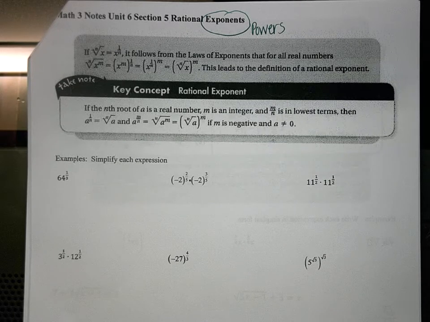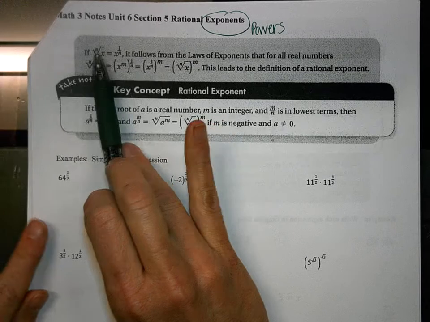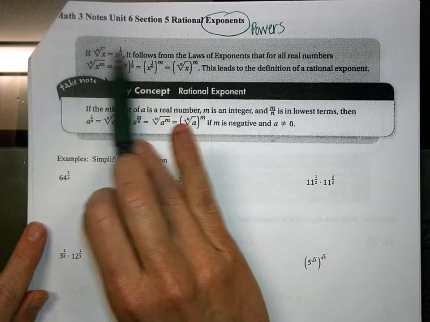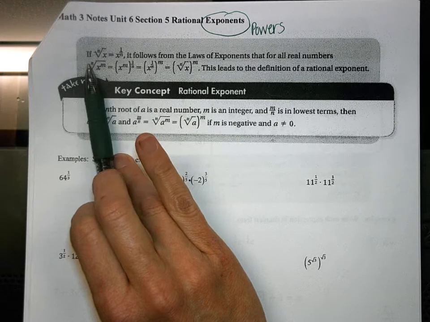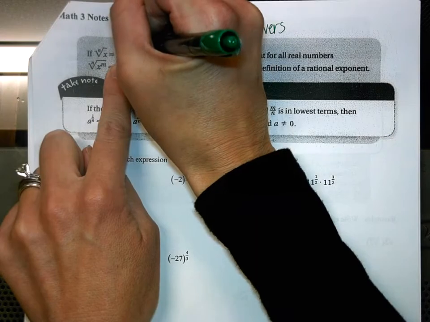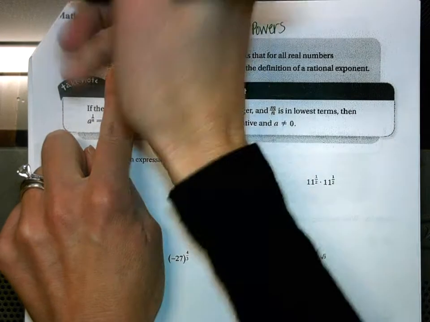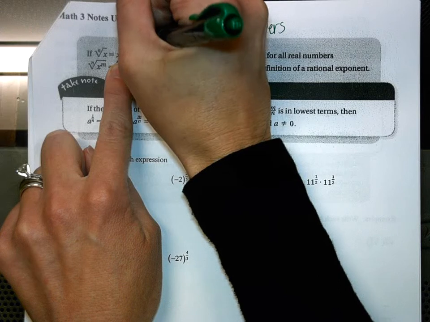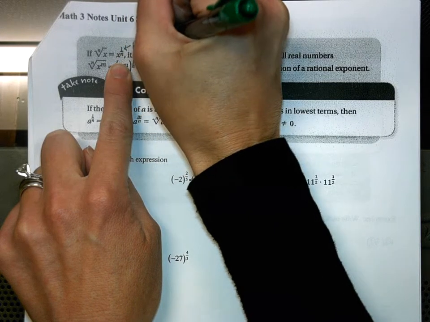One thing to know is that you can go back and forth in between root form and exponential form. And so in exponential form, the number here on top represents the power or exponent.